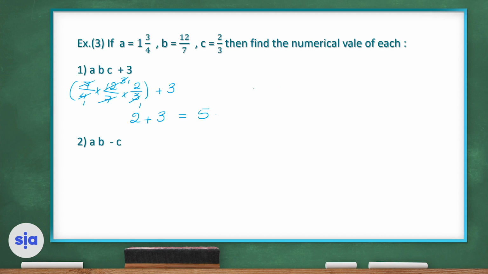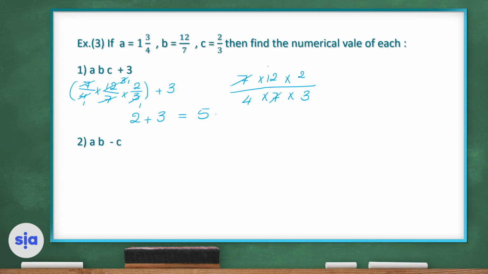Again, let me simplify this again. The three fractions multiplied together, 7 over 4 times the 12 over 7 times the 2 over 3. 7 divided by 7, it's 1.